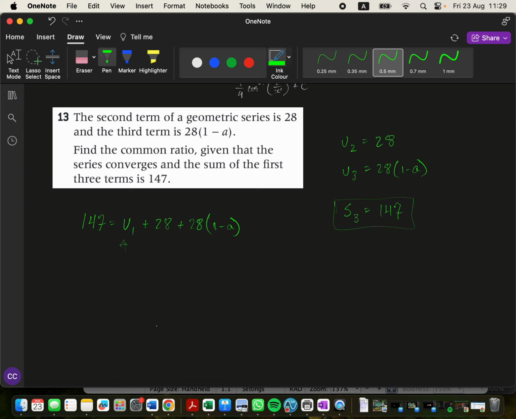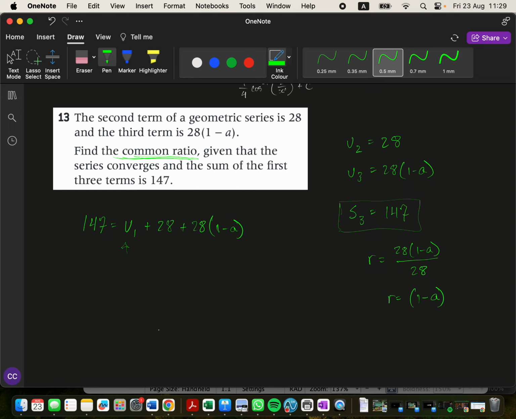So what we have to know is what R is. Well, R is going to be 28 times 1 minus A divided by 28. So R is in fact 1 minus A, and that's going to help us at the end because we need to know what the common ratio is.